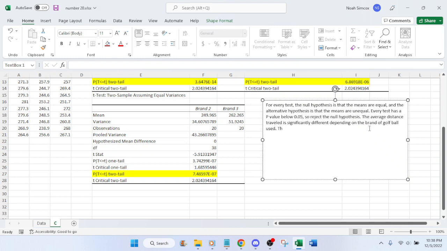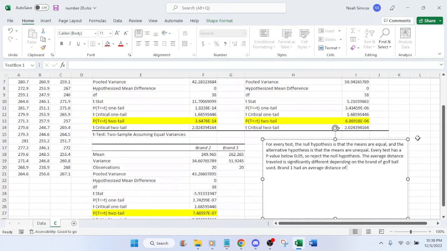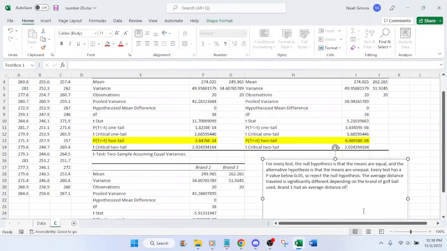The brand 1 had an average distance of 274.03 yards.